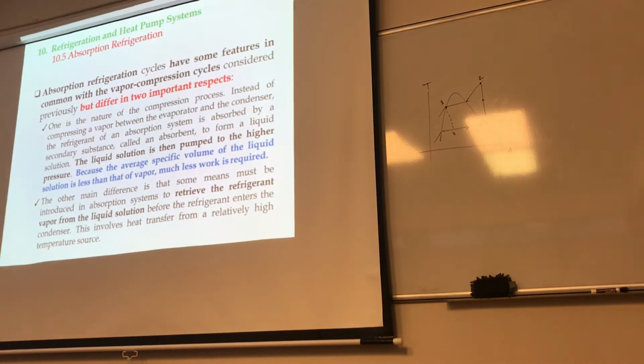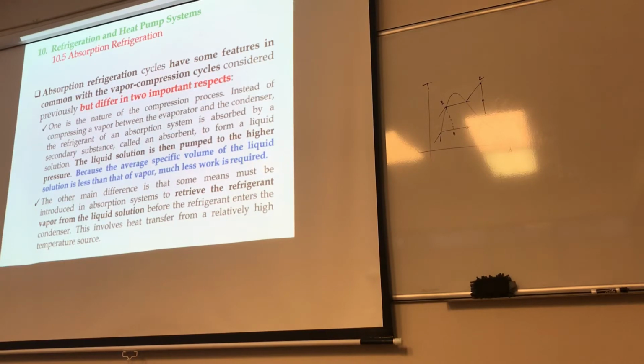First, one is in the nature of the compression process, which happens between 1 and 2. Instead of compressing a vapor between the evaporator and the condenser, the refrigerant of an absorption system is absorbed by a secondary substance called an absorbent.